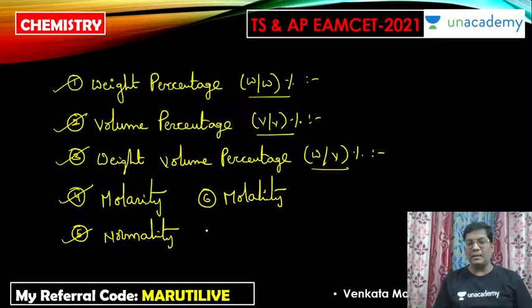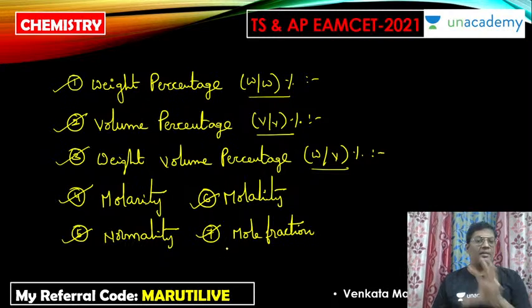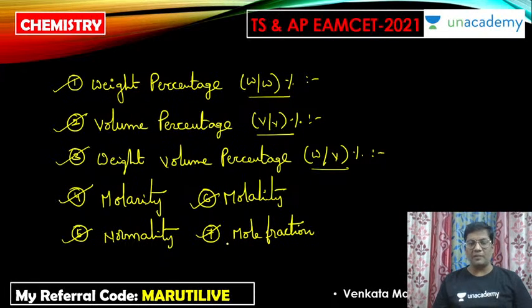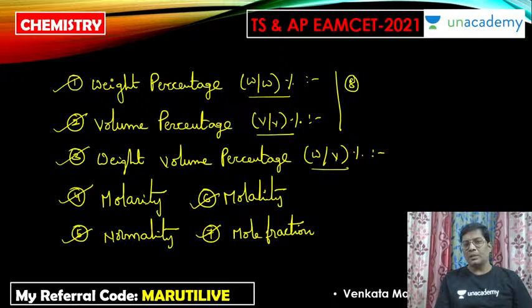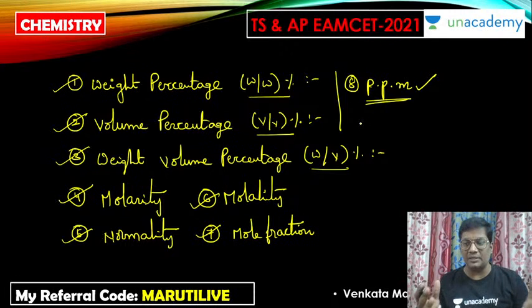The next one is mole fraction. Molality and mole fraction. These seven are the important methods of concentration of a given solution. Of course, sometimes we can say that ppm is also one of the important methods of concentration.